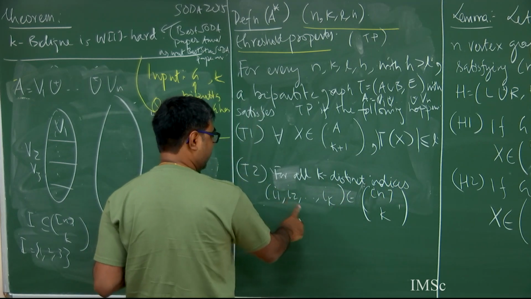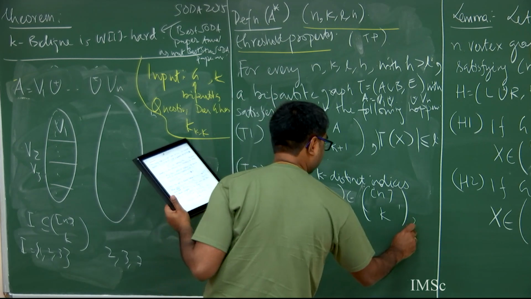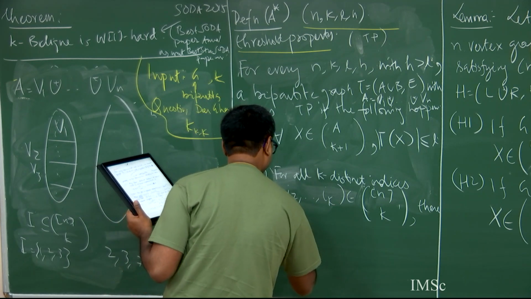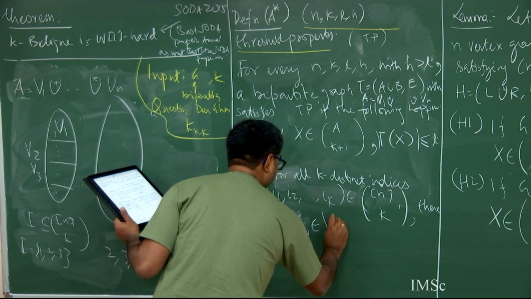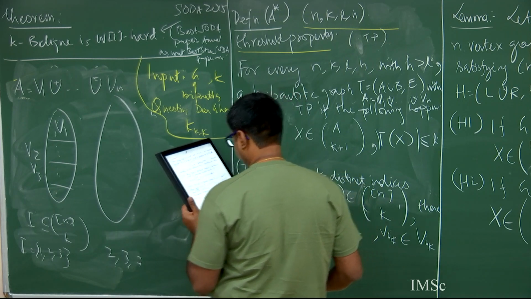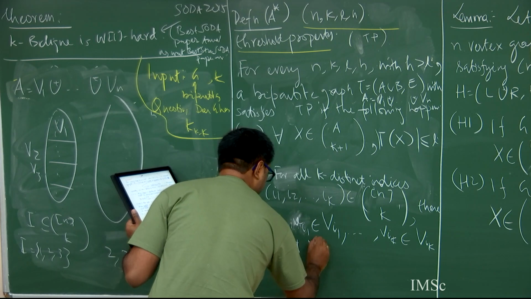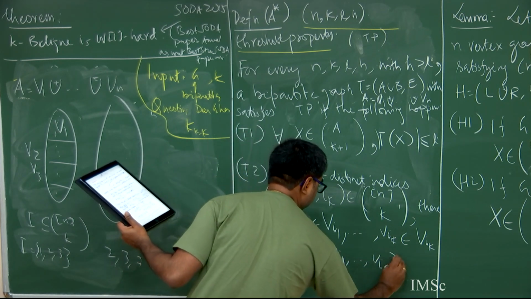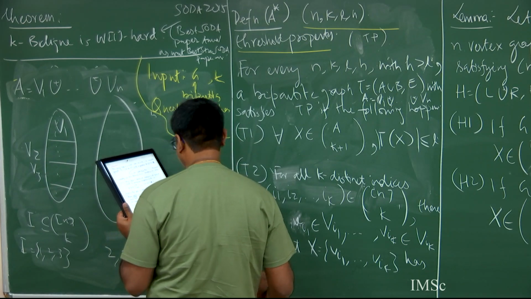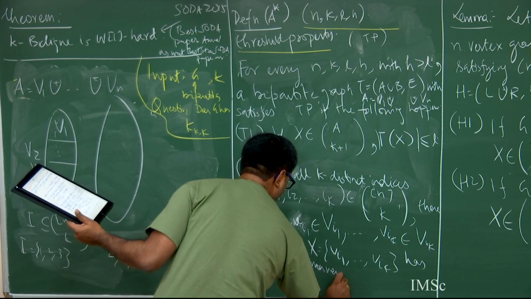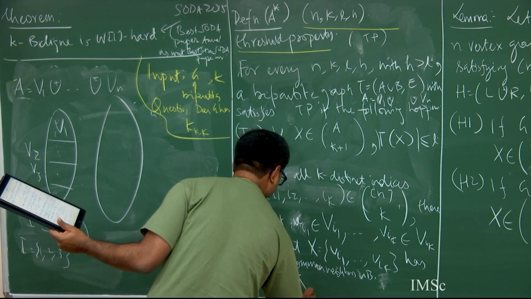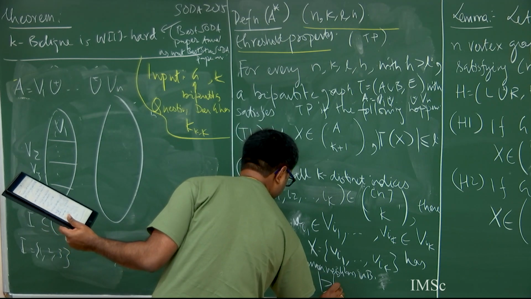For all k distinct indices, there exists x, there exists a vertex in Vi1, up to a vertex in Vik, such that x equals the tuple of those vertices, such that x has at least how many common neighbors? At least h common neighbors in V. Or in other language, the common neighborhood of x is greater than or equal to h.